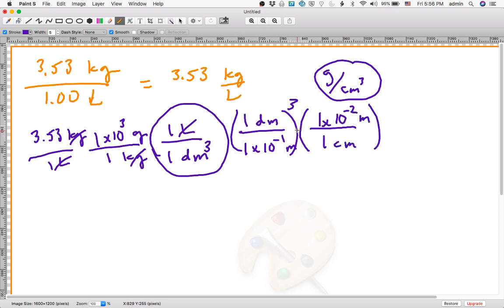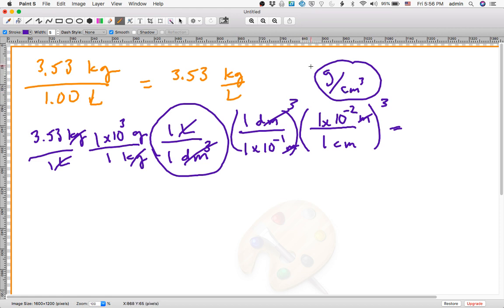And this whole thing is cubed, and I want to cancel out this meter cubed, so I might have to put this cube down here also. So meters cubed cancel out, and now I have centimeters cubed on the bottom. I got grams on top, centimeters cubed on the bottom, just like I wanted. And now I'm going to go through here and attempt to show that this kilograms per liter is the same as grams per cubic centimeter.